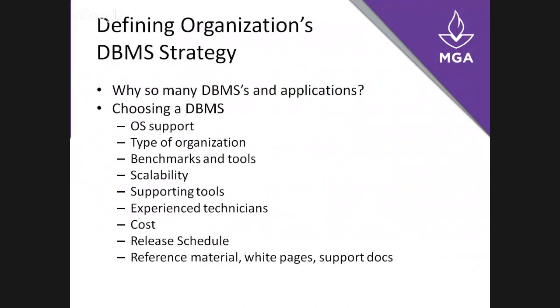So, as I flip to the correct part of the textbook, we're going to be reviewing chapter 2 and defining an organization's DBMS strategy. A company may have multiple DBMSs and applications that are tied to them. Why? Well, there are various reasons.